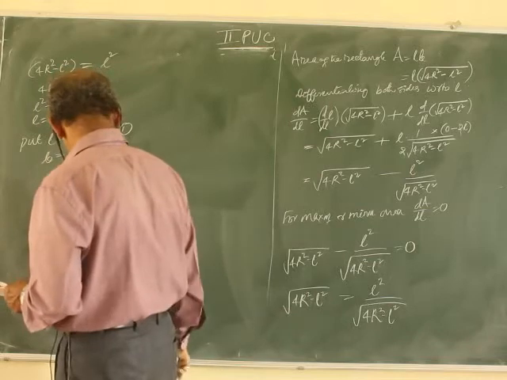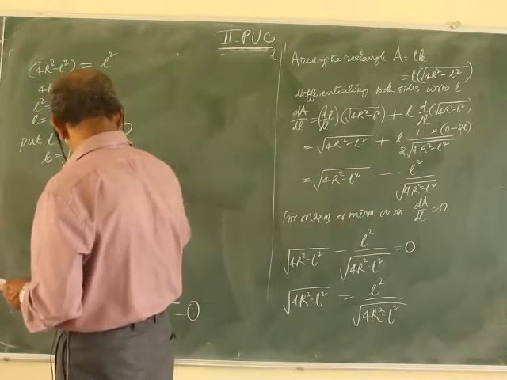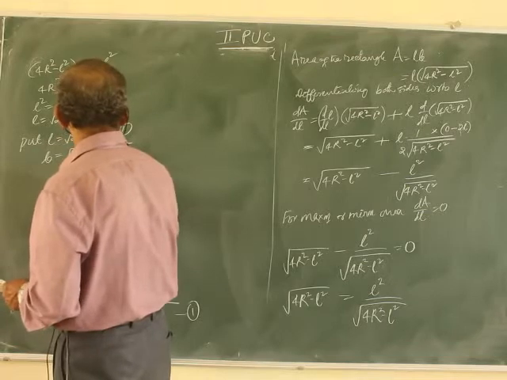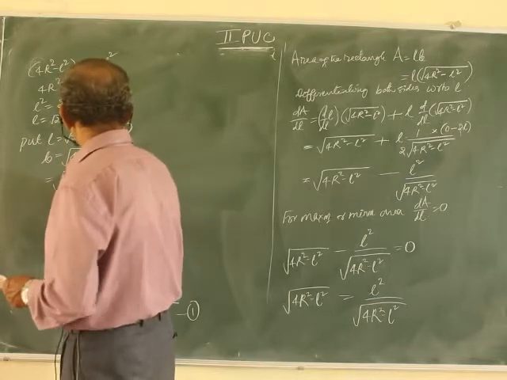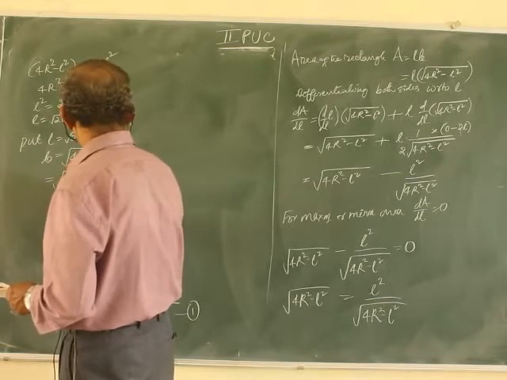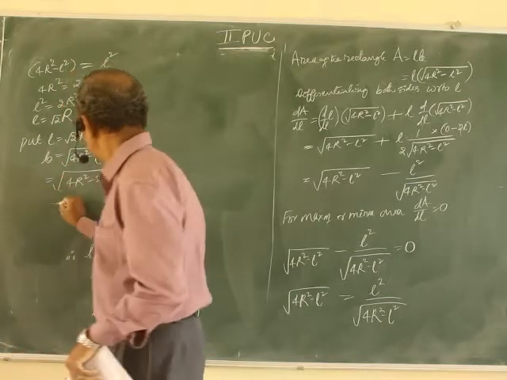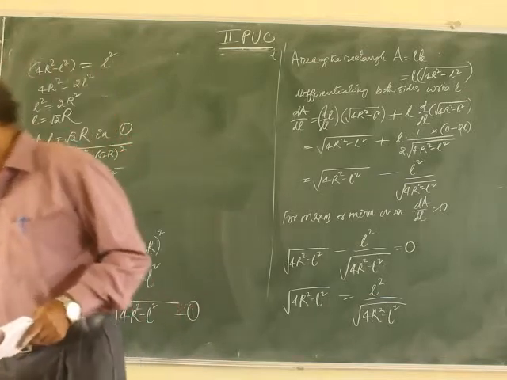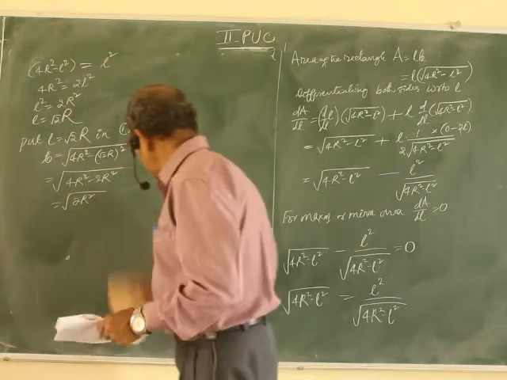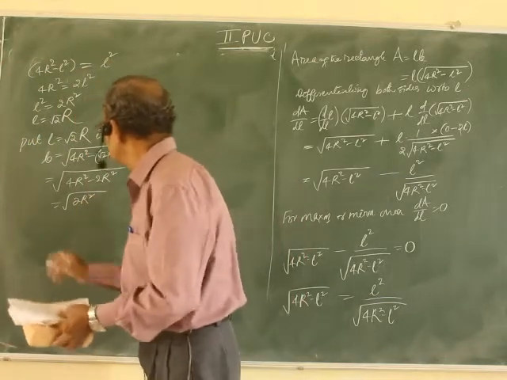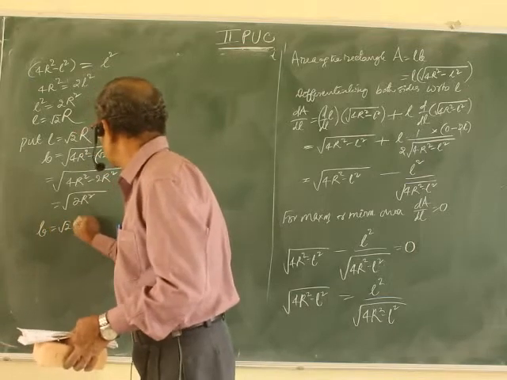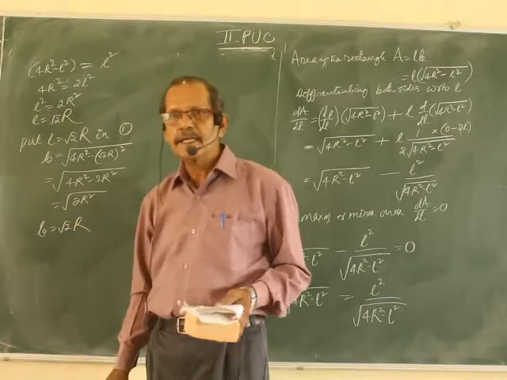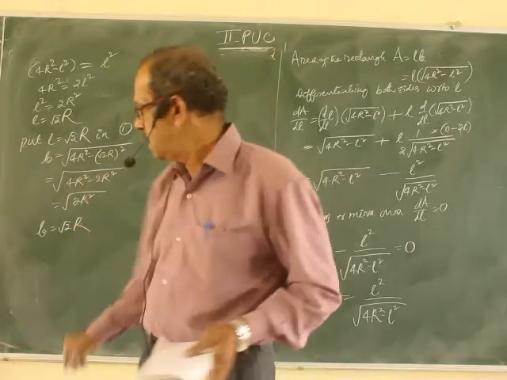B equal to root of 4R square minus 2R square. Again it is 2R square. That means the breadth of the rectangle is B equal to root 2 R once again. What is the meaning? Length and breadth are equal, which means it is a square.